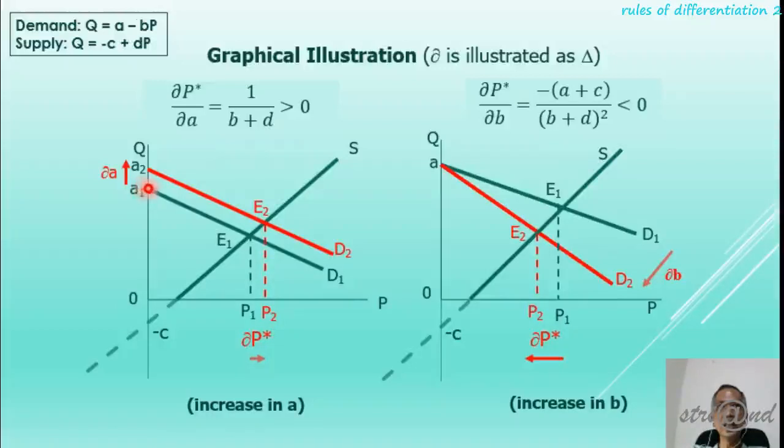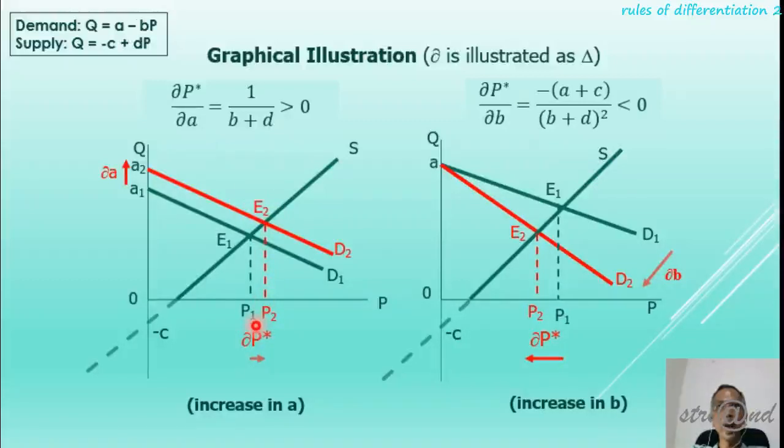It is the vertical intercept of this demand function. So when A increases, the demand curve will move upward from D1 to D2, here A1 to A2. So the equilibrium point moves from E1 to E2.